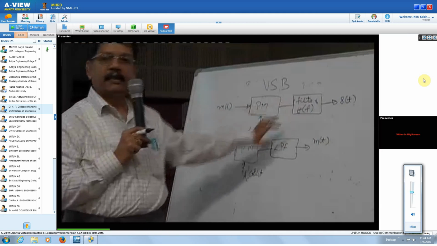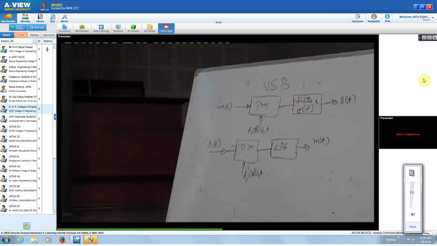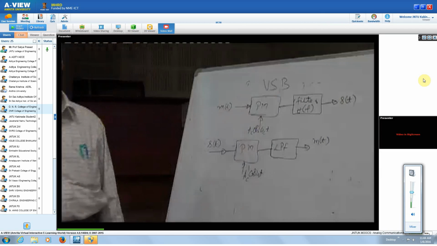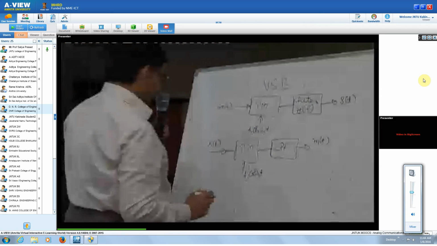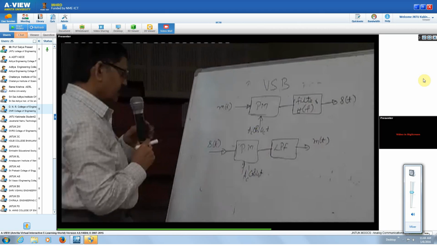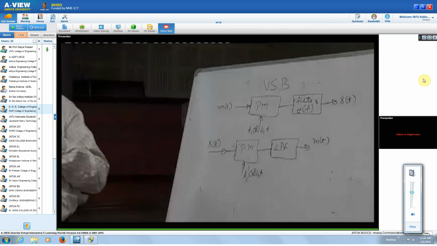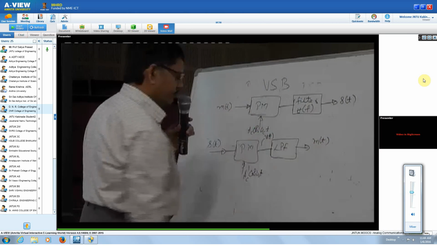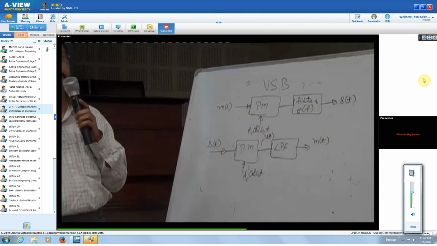So with this restriction, we want to find out what is going to be our h of f. So we are having the signal here, and when you have this s of t multiplied with this cos omega ct, what is the spectrum of this? Suppose you say that this is v of t. v of t is s of t into Ac prime cos omega ct.